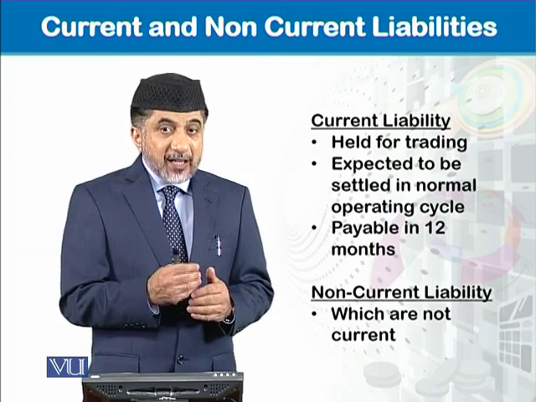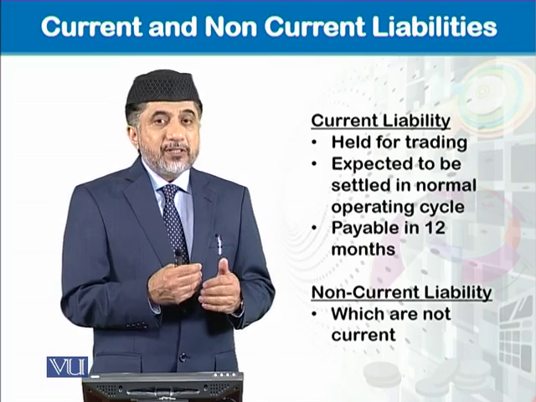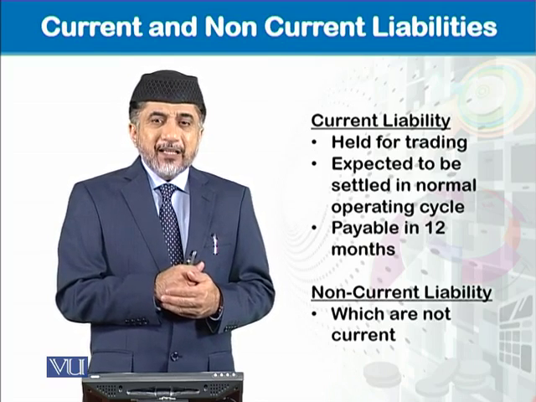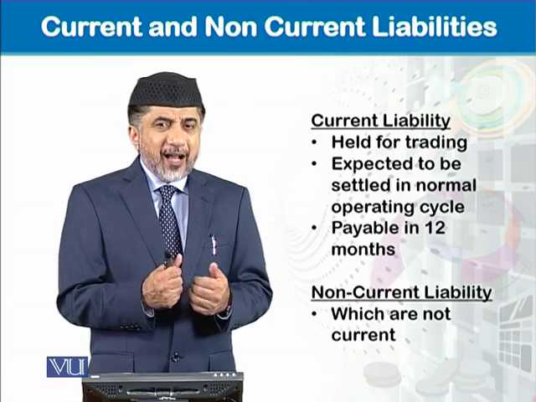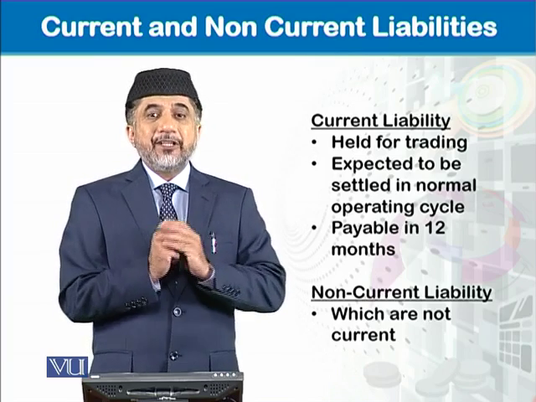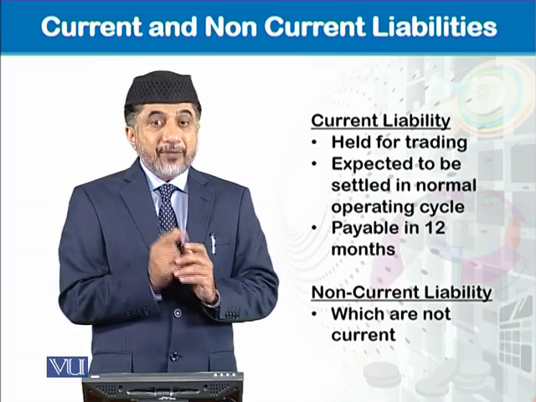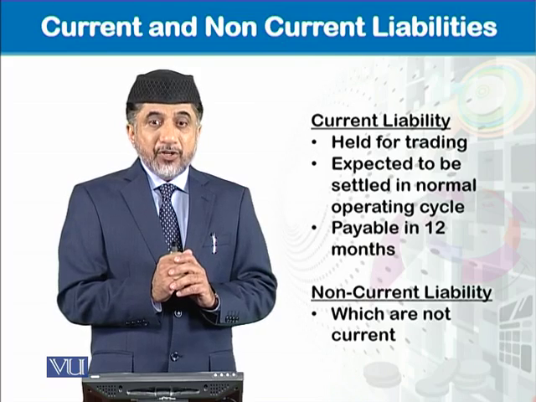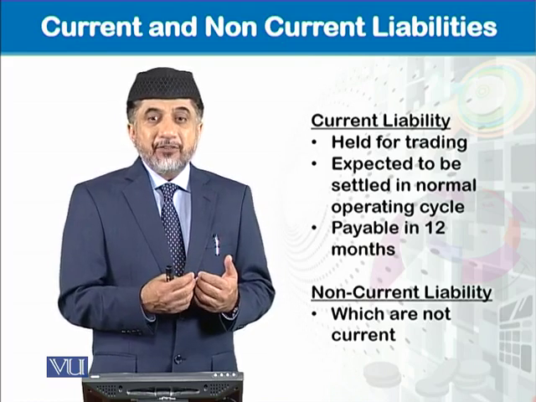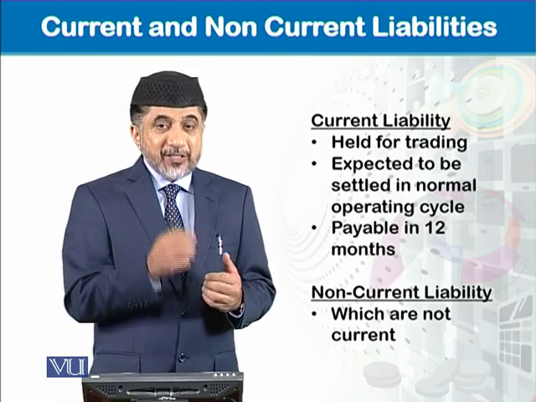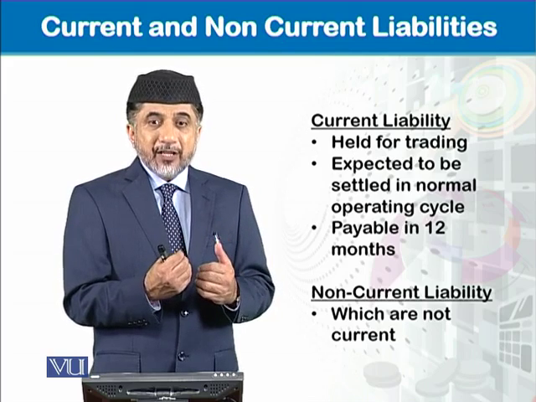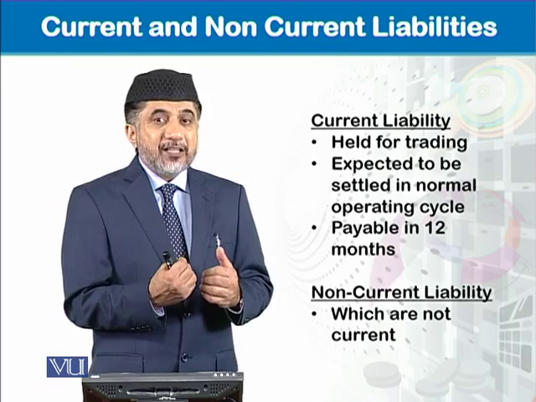When we say current liabilities, it also covers the liabilities which are held for trading. The question arises: how can liabilities be held for trading? Yes, liabilities are also held for trading. These are financial instruments, in fact derivatives. So we do trading in derivatives, and when we have some loss on those derivatives, that becomes our financial liability.